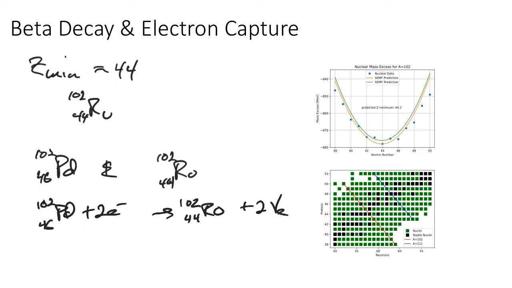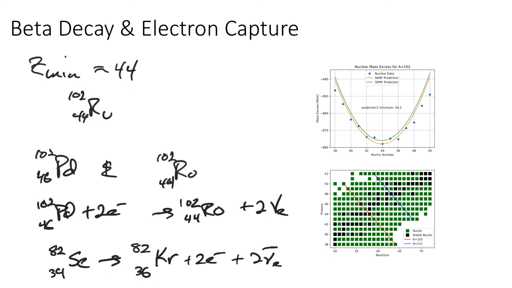For instance, selenium-82 goes to krypton-82 plus 2 electrons plus 2 electron antineutrinos, but this has a lifetime of 10 to the 20 years, which is a really long time.